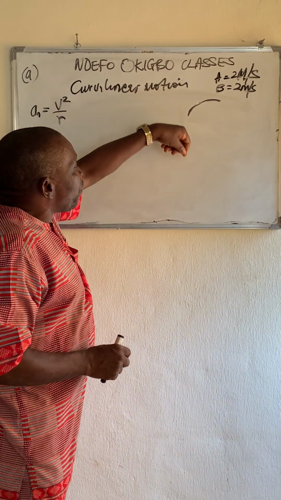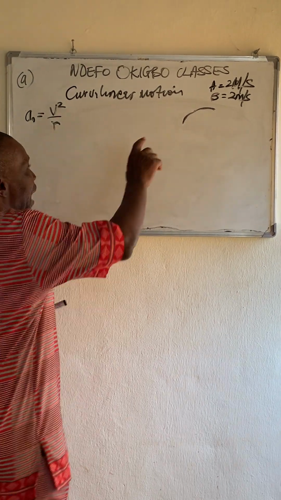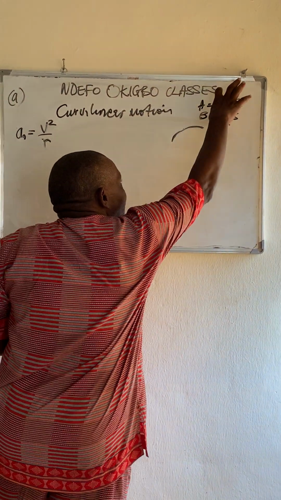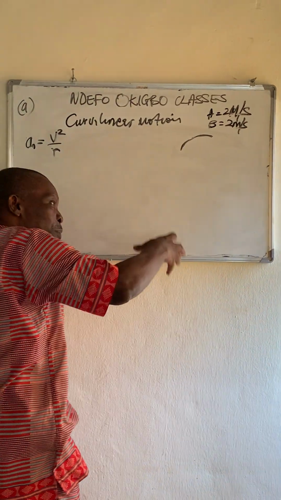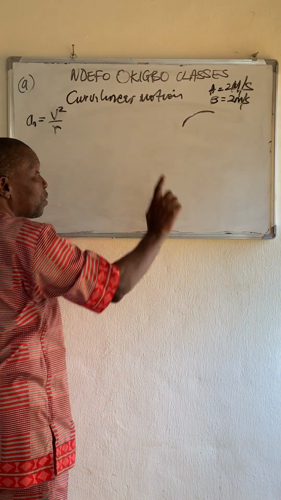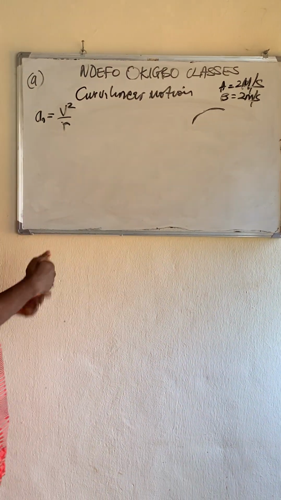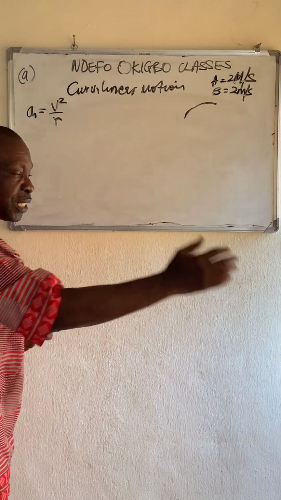So we don't talk of acceleration along that line, because along the line the quantities are the same. So we talk of normal acceleration, because we know that when velocity is the same and does not change, acceleration is 0.